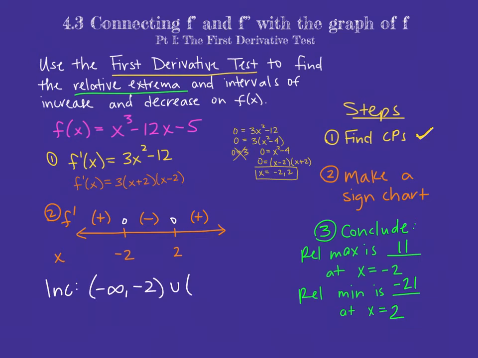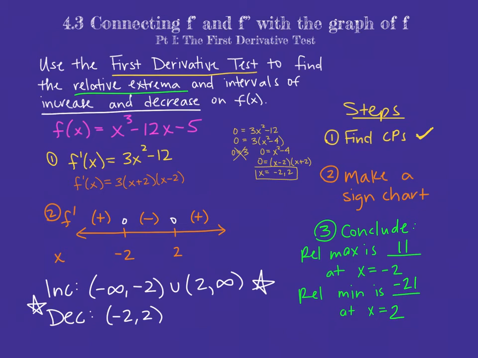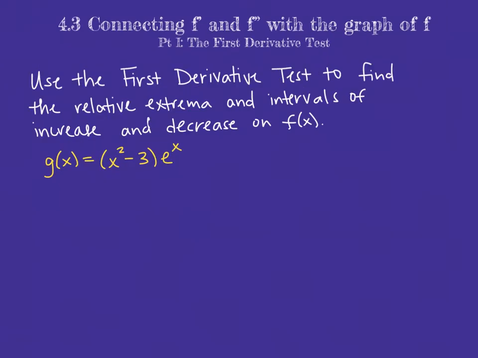And also our first derivative is positive from 2 to infinity. So that's where our function's increasing. And then f of x is decreasing when the first derivative is negative, so in between -2 and 2. So we have found, using the first derivative test, our relative extrema and also the intervals of increase and decrease.